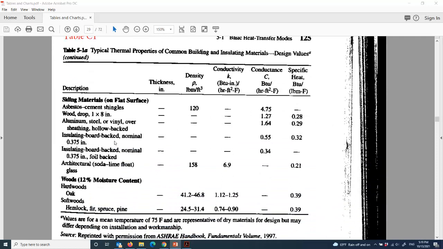I couldn't see it. I passed it like 5 times. Okay, siding, because it's a wall, so it's not a roof.